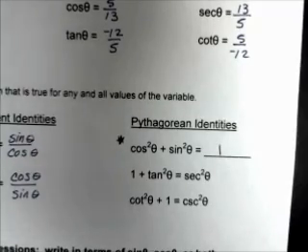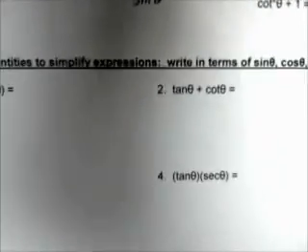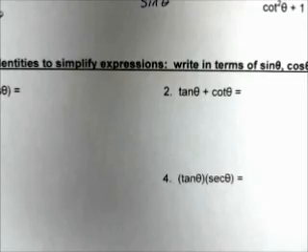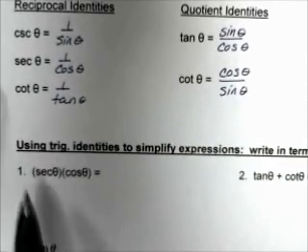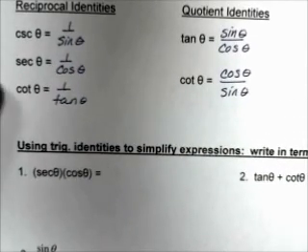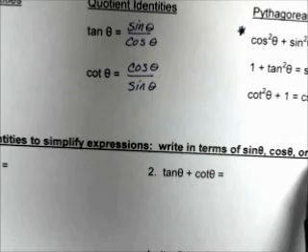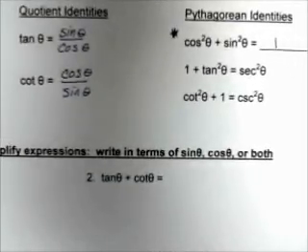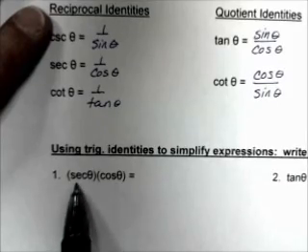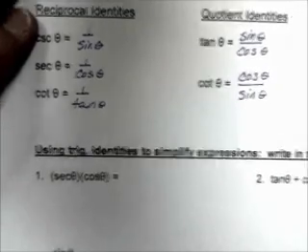But for now, to finish up this video with the bottom half of page 5 of the notes, we want to use trig identities to simplify expressions. We want to write in terms of sine theta, cosine theta, or both. So in other words, number one, we have secant theta times cosine theta.